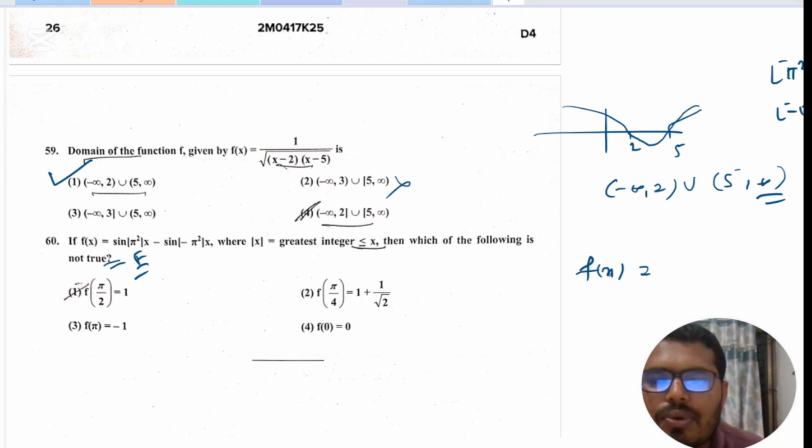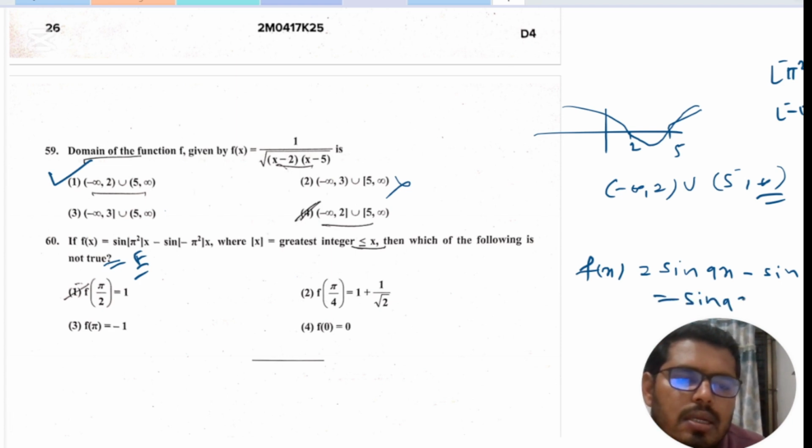Therefore this function can be written as sine 9x minus sine of minus 10x. Therefore sine 9x plus sine 10x. That is f of x.